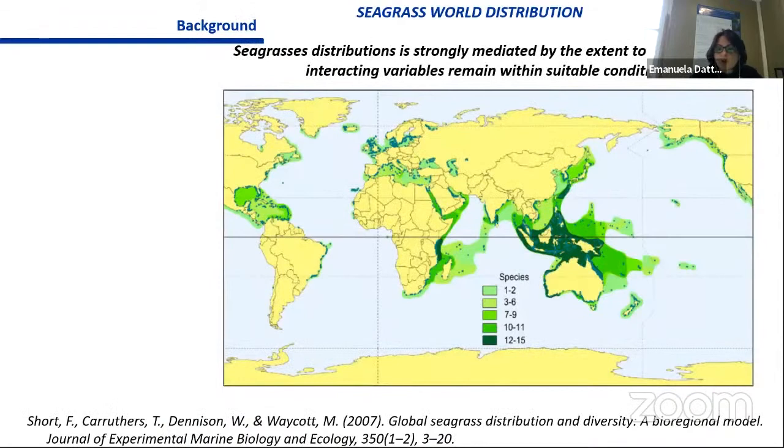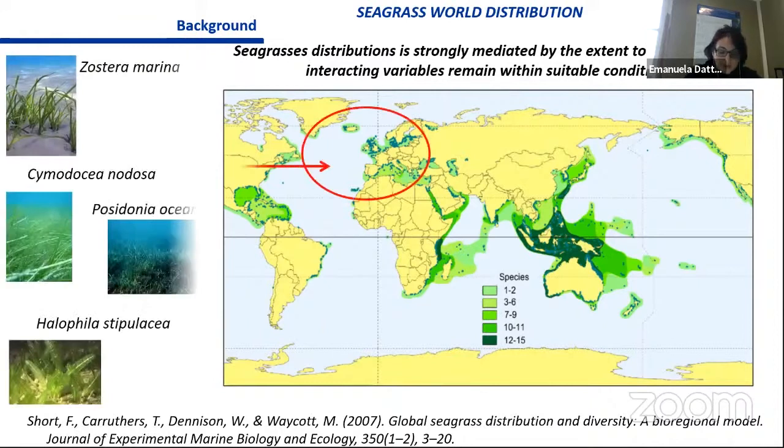Seagrass distribution is strongly mediated by the extent to which multiple interacting variables remain within suitable conditions, and among those, the climatic variables such as temperature and solar radiation are the most important factors for the geographical distribution of the species. And so the current worldwide distribution of the species that you can see here reflects the requirements in terms of temperature and solar radiation of the different species.